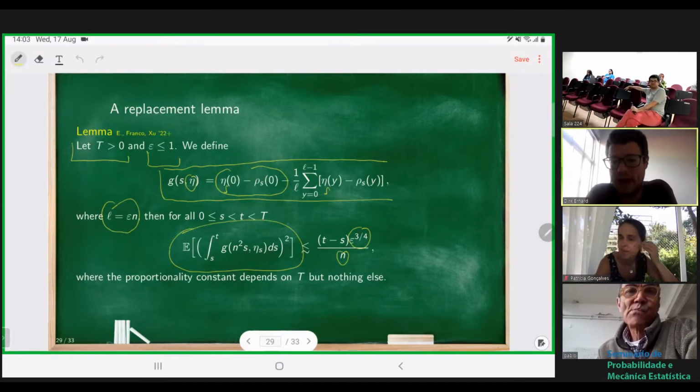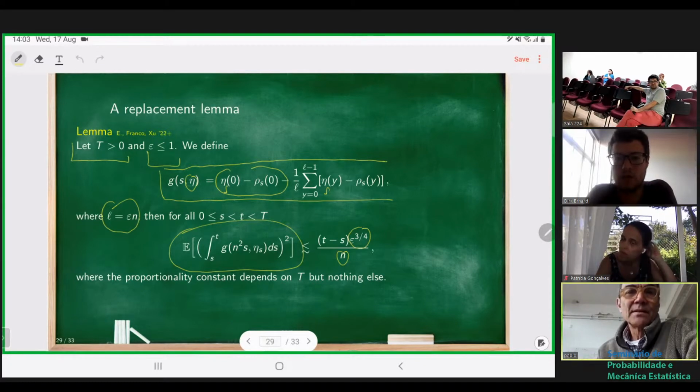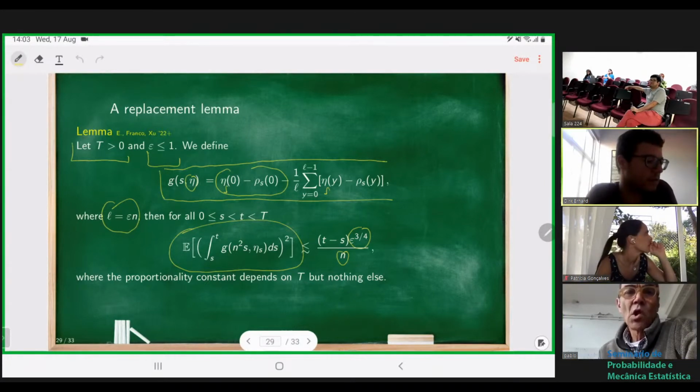Exactly, but I think a lot of the things should go almost without change. But the target particle in that case, the current is still order t to the 1/4? Yes. I don't know how the relation changes. I didn't think about this.